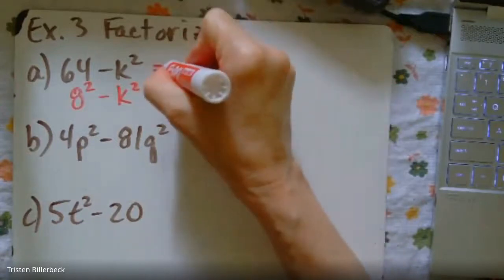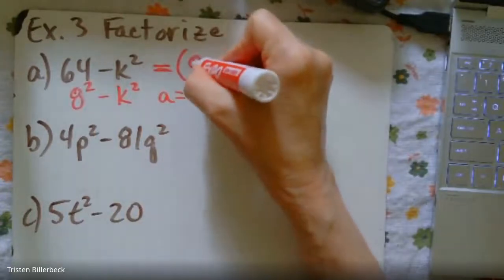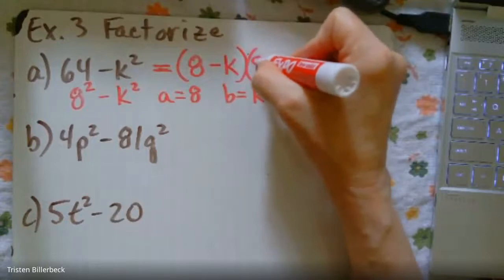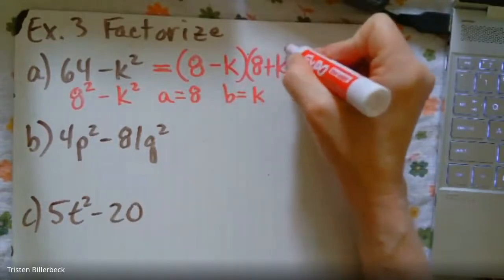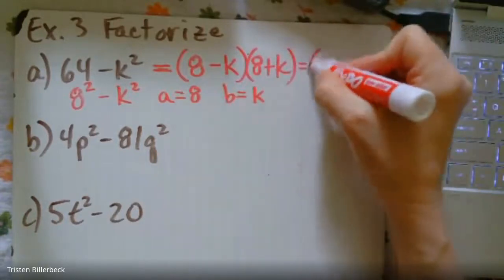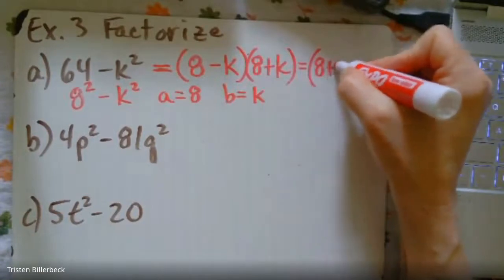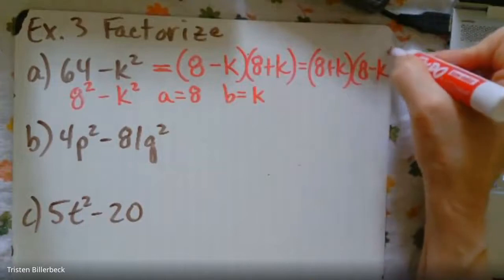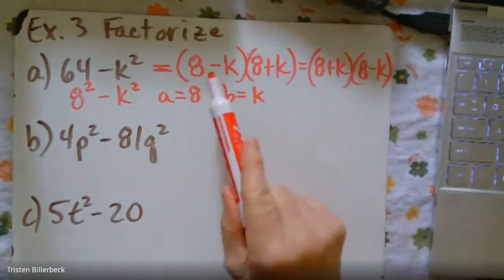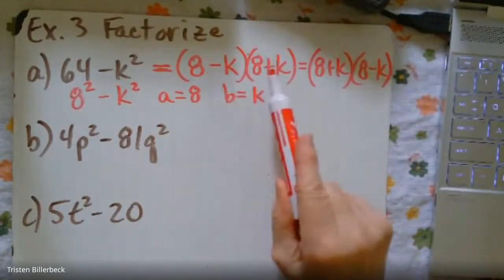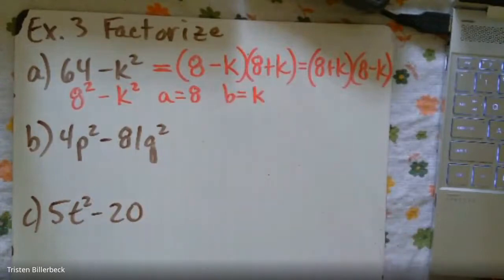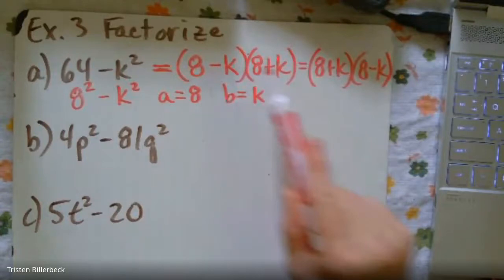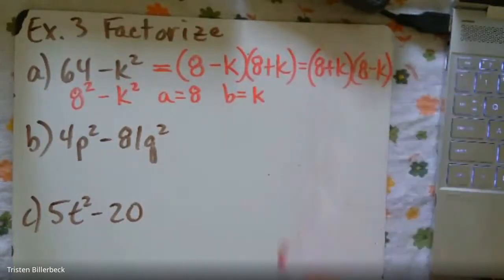So we're going to factor this as 8 minus k, 8 plus k, which is exactly the same thing as 8 plus k times 8 minus k. So don't worry about whether the plus sign goes first or second. No worries. Just make sure your signs are alternating. That's all that matters.